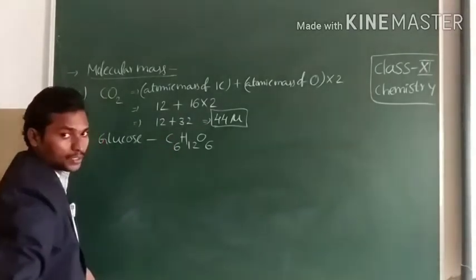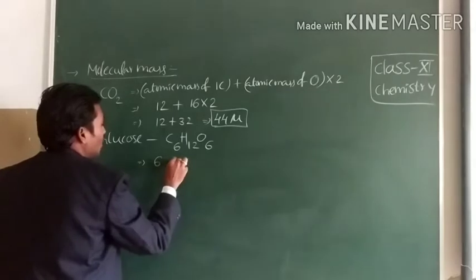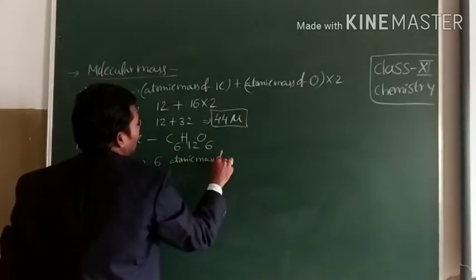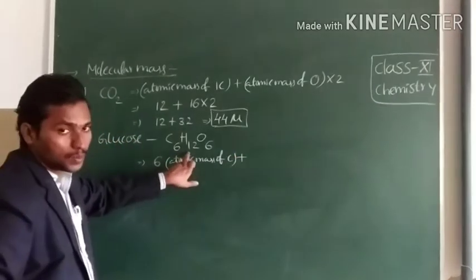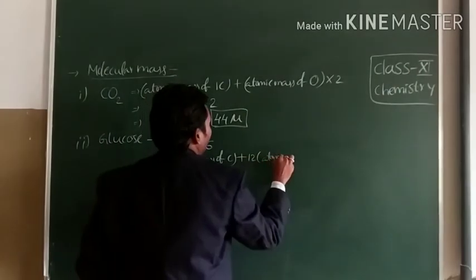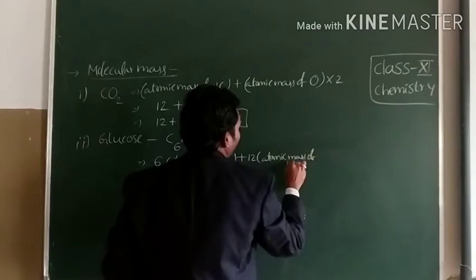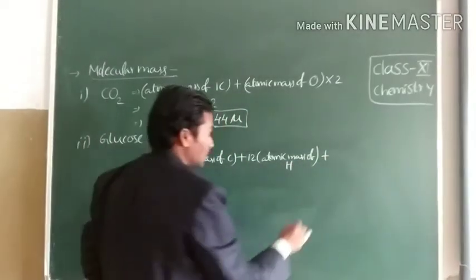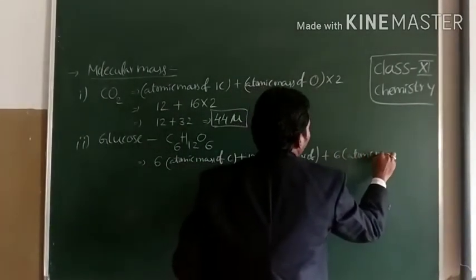Number of carbon atoms here is 6, into the atomic mass of carbon, plus the number of hydrogen atoms, 12 here, so 12 into the atomic mass of hydrogen, plus 6 oxygen atoms, 6 into the atomic mass of oxygen.